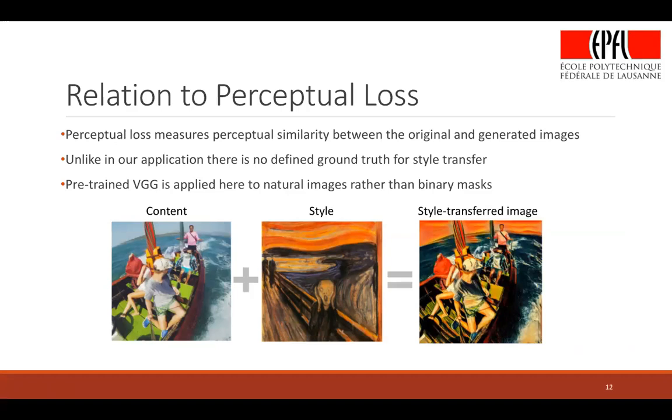And also in case of style transfer, the VGG network is applied to natural images, and it's also pre-trained on natural images. And in our case, we use a network pre-trained on natural images to extract features from binary masks. So this was also for us an interesting insight that it still works, even though the images come from two different domains.